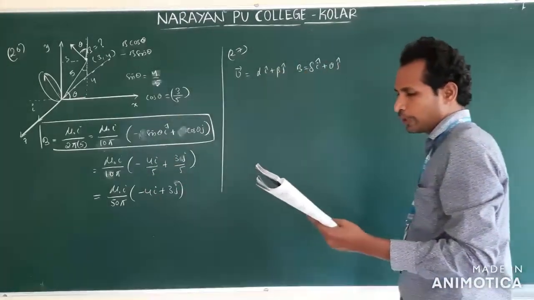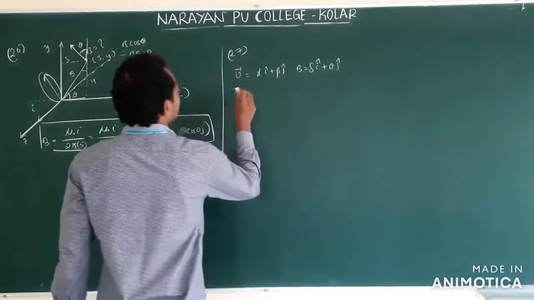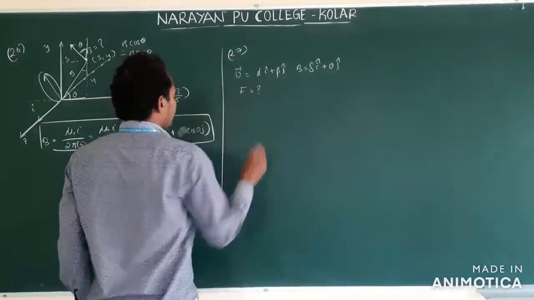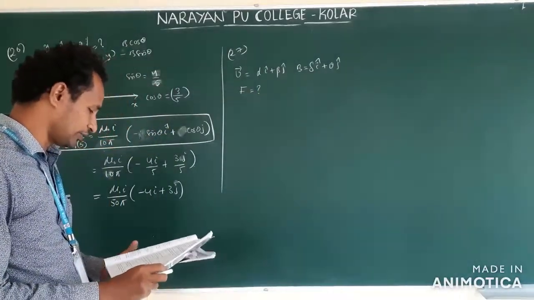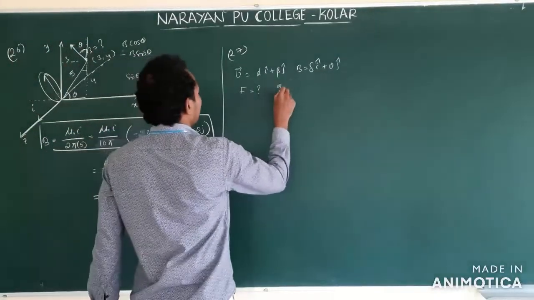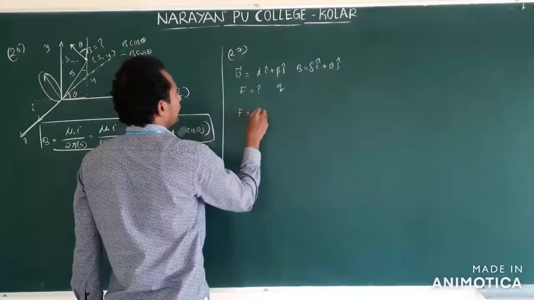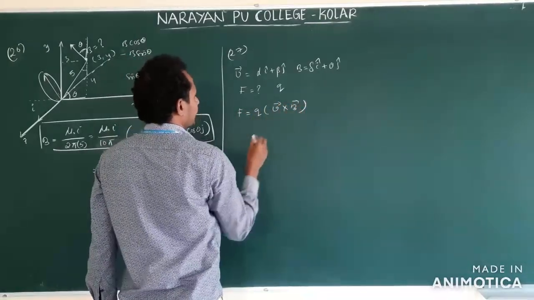The force on the particle has magnitude F. V is given, B is given, they are asking F. Charged particle, did they mention? Not mentioned, they just ask the relation. Let us consider charge Q. Then F is equal to Q into V cross B.